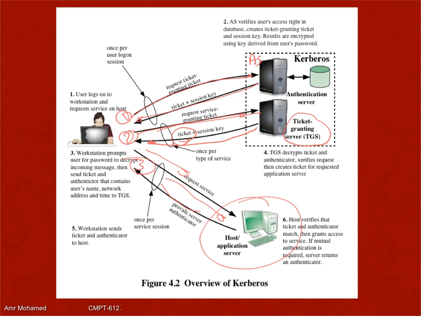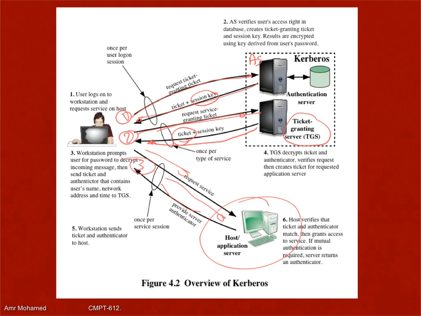But then at that point you will have established the session key between you and this particular server, and you can start communicating normally. Remember here, the requirement is that we need to send a session key to allow the client to communicate with the TGS, the ticket granting server. Okay? So there should be an established shared key between the client and the TGS server.